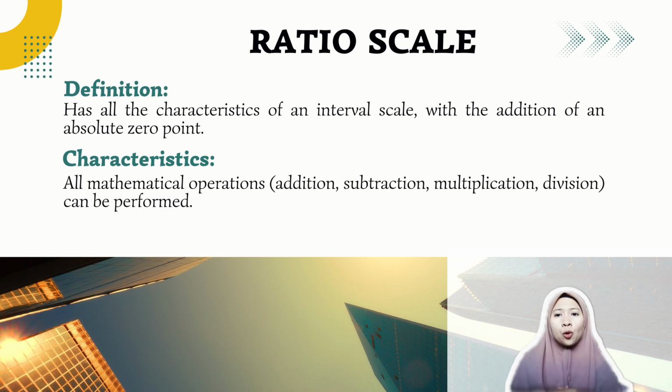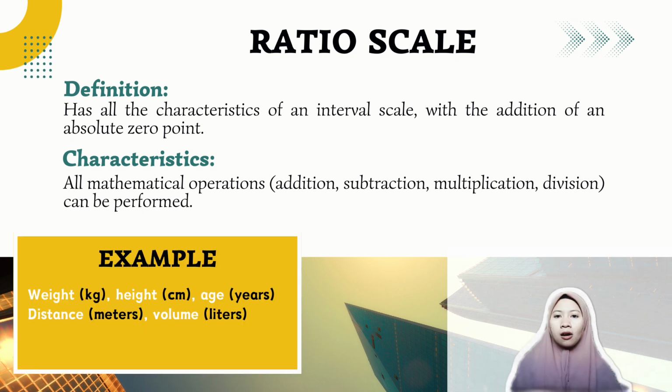This means that we can perform a wider range of mathematical operations, such as addition, subtraction, multiplication, and division. The 0 point on a ratio scale represents the absence of value. For example, a weight of 0 kilograms means no weight at all.